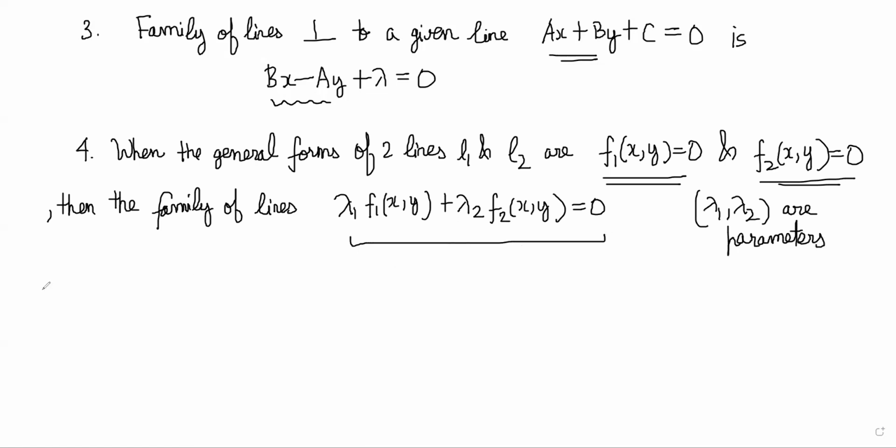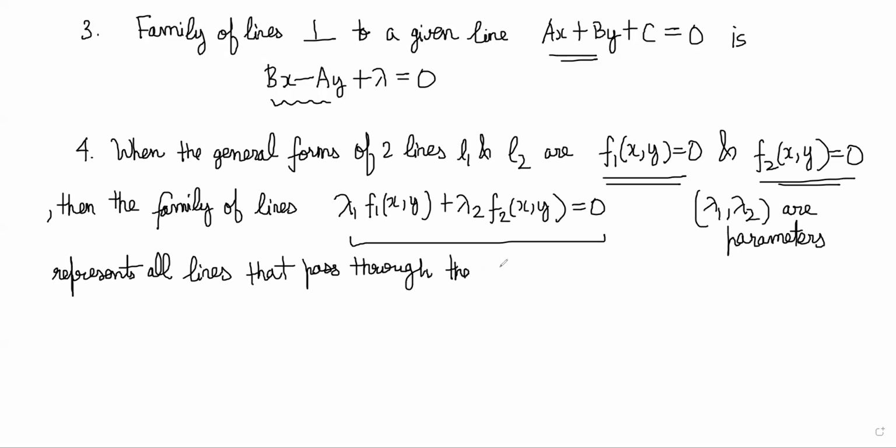Basically, this equation represents all lines that pass through the intersection point of lines L1 and L2. Why should it pass through the intersection of L1 and L2?